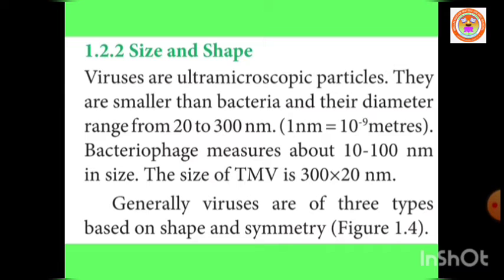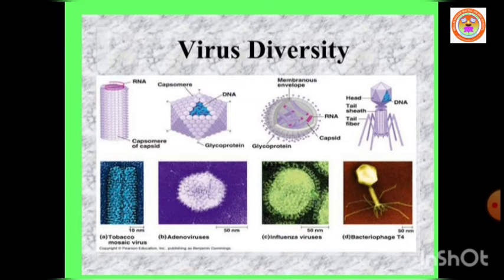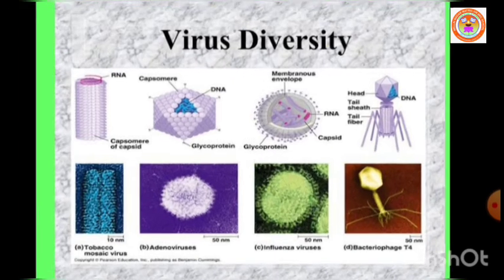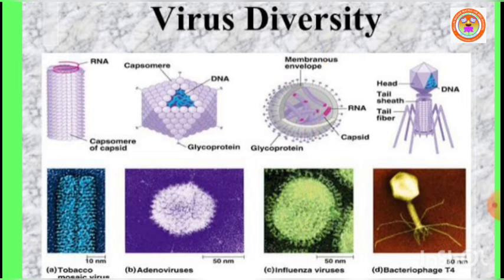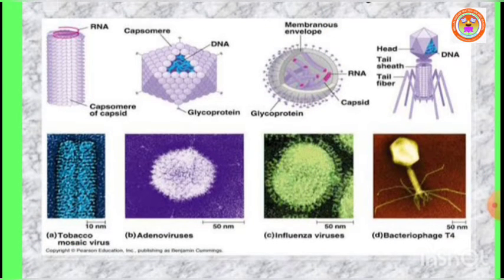Let us continue with the size and shape of viruses. Keep in mind, viruses are very small. You are seeing the ultrastructure of viruses. From left to right: tobacco mosaic virus, adenovirus, influenza virus called H1N1 virus, and bacteriophage.